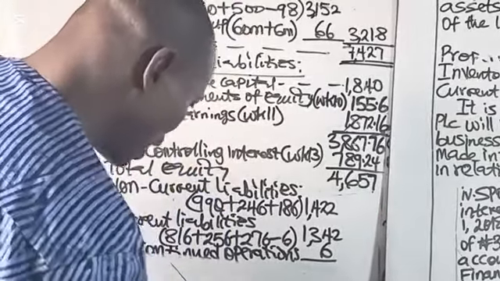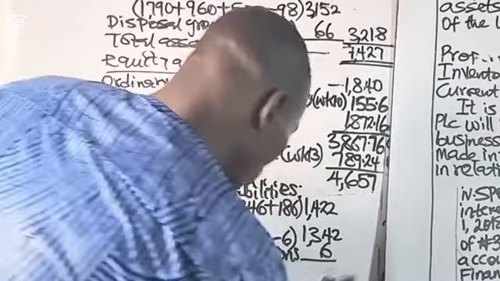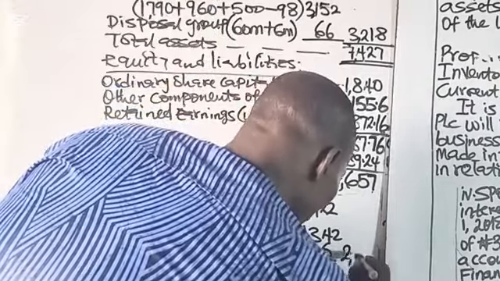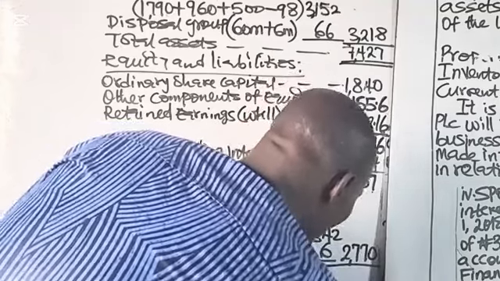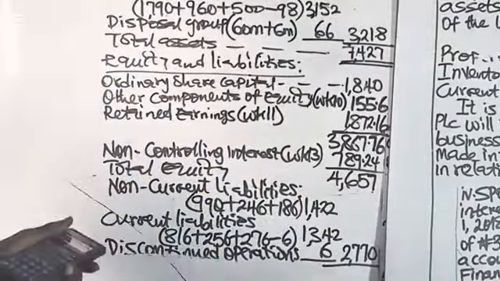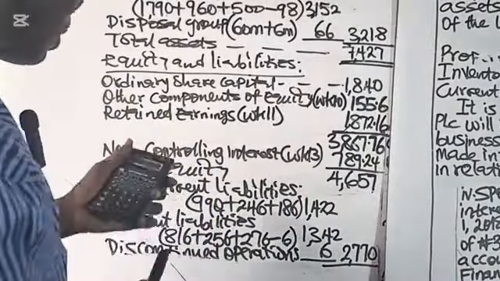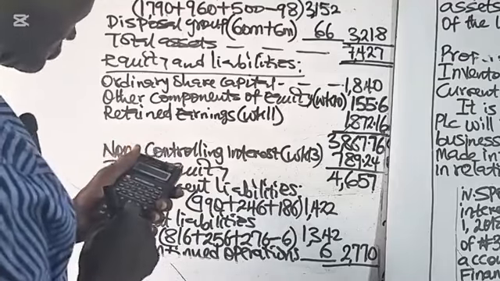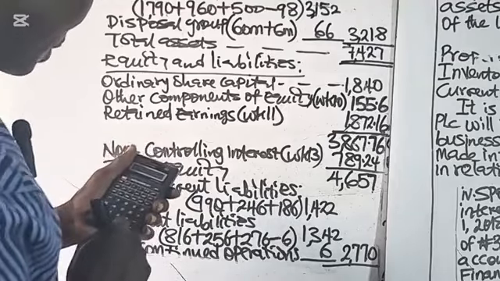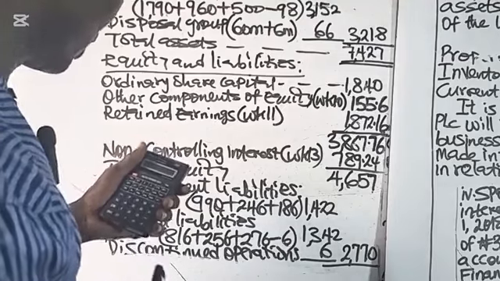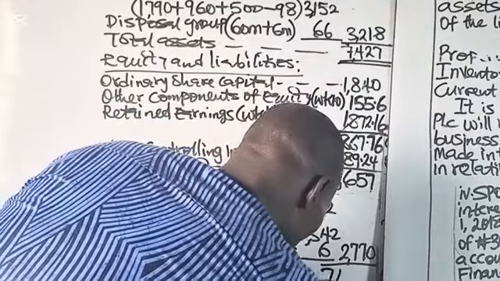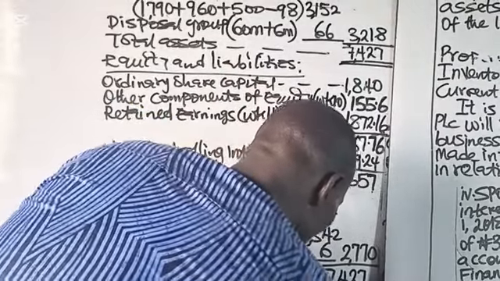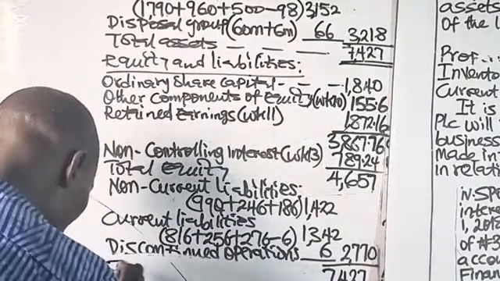That is the total liabilities. If you now add the liabilities to the equity of 4657, we have 7427.